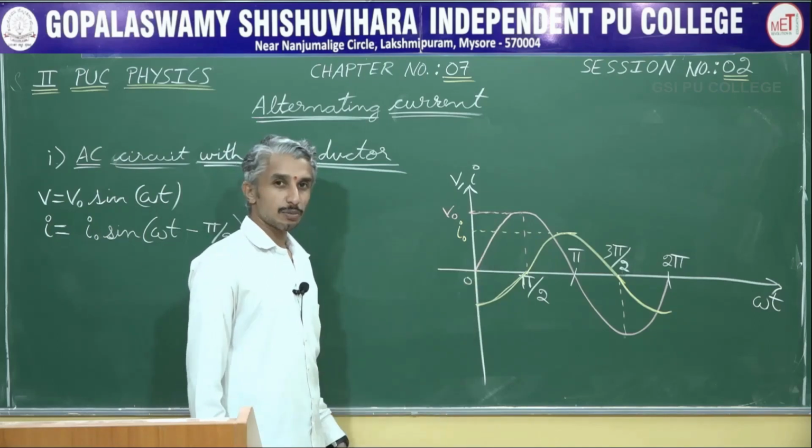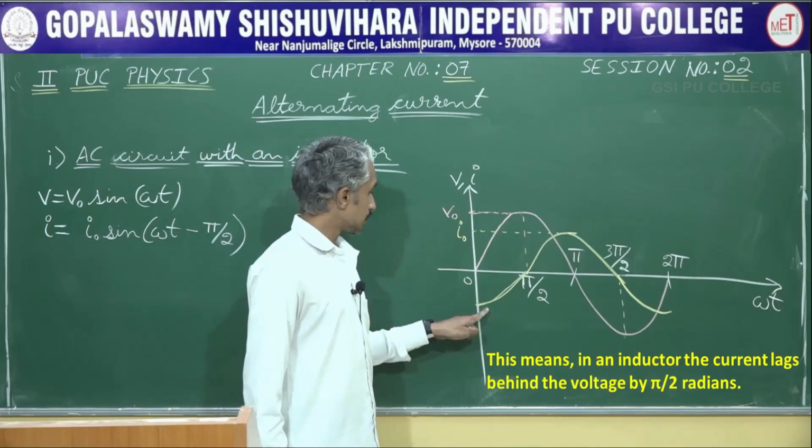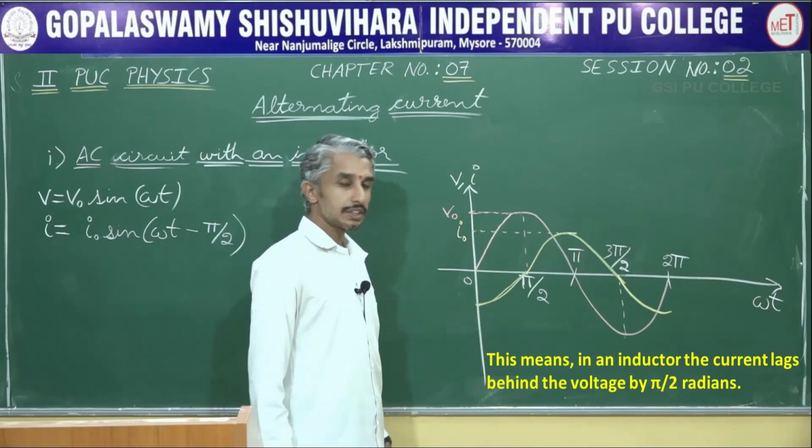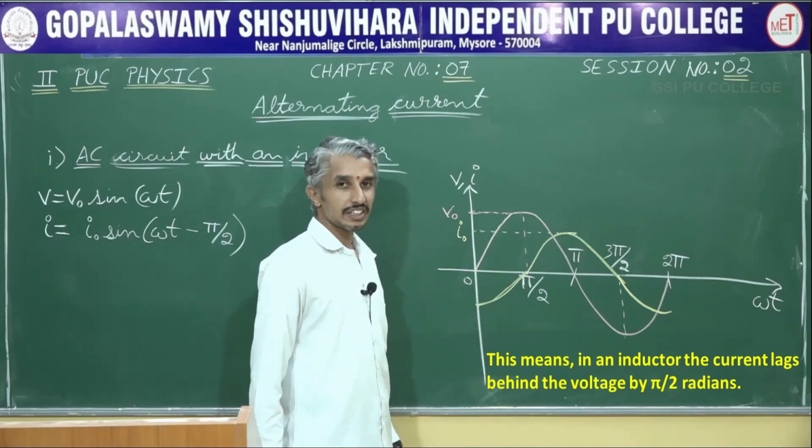Looking at this graphical representation, we can tell that the current lags behind the voltage by pi by 2 radians.